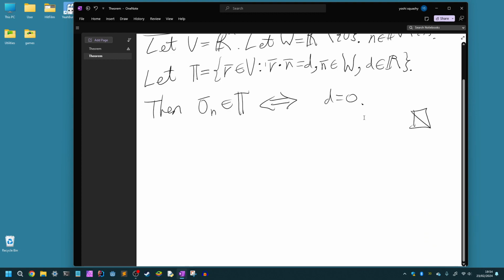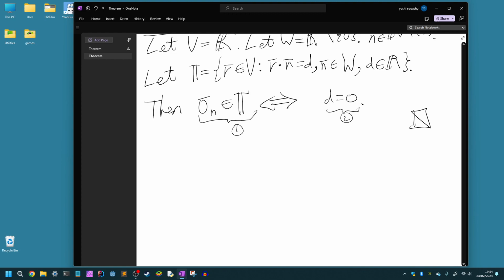So there are two directions to this proof, obviously, because it's an if and only if proof. Which direction's easier to prove is the question. Oh, I should name these statements as well. So maybe let this be 1, and this be 2.